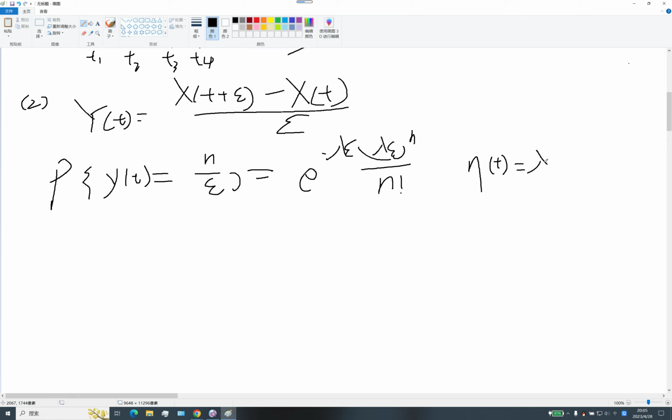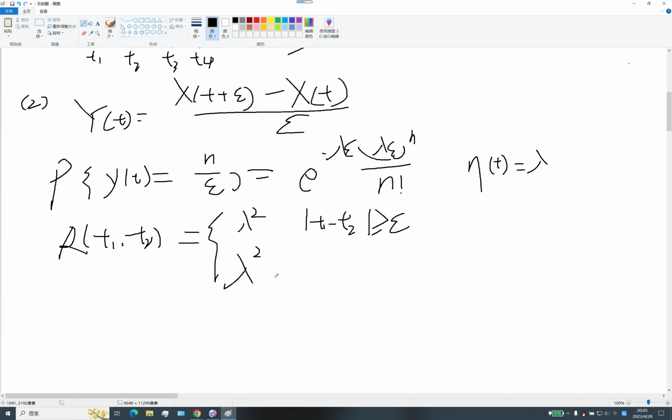It's a constant. And the autocorrelation R(t1, t2) is equal to λ² when the distance is larger than or equal to ε, and it is equal to λ² plus λ/ε minus λ|t1 minus t2|/ε² when the distance is less than ε.